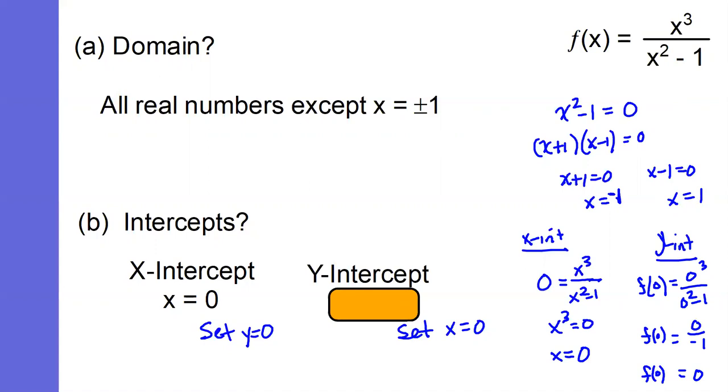So my y-intercept is at y equals 0. Basically, my only x and y intercept is at the origin. So it's just that one point.